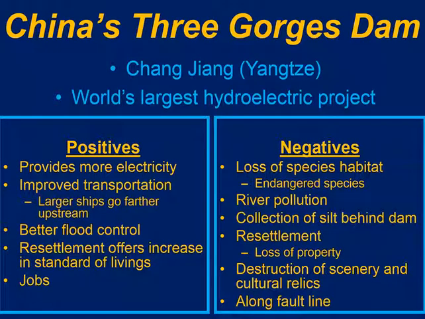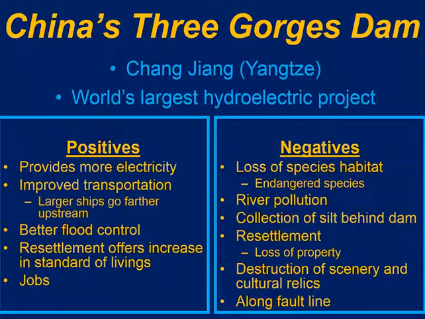The Three Gorges Dam on the Yangtze River is the world's largest hydroelectric power project, and so it has many positives, but also some negatives. Some positives: it provides a whole lot more electricity, and once again, that's a rather natural capturing of energy rather than coal or oil, which obviously produces pollution.